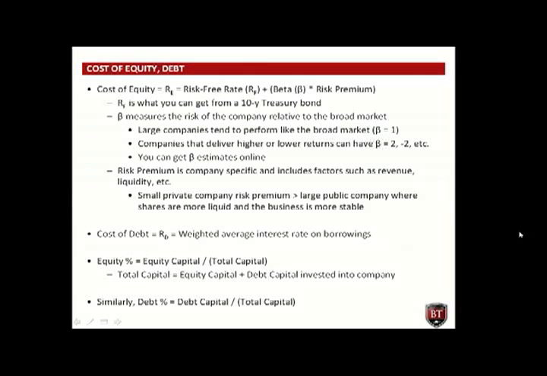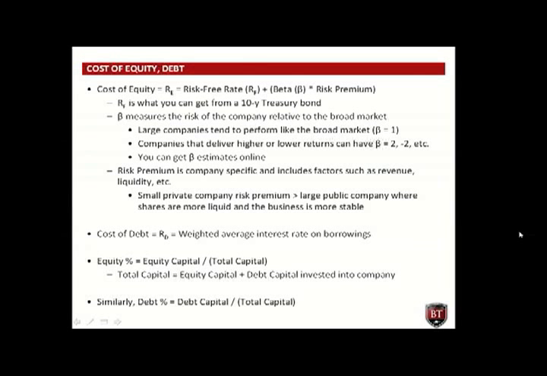So if you search online, you should be able to get beta estimates, if not for your company, then for companies that are similar to yours. And what you'd have to do is then apply your own intelligence and common sense and tweak the beta such that you and your management and your stakeholders believe that that beta accurately represents a measure of risk of your company relative to the broad market.